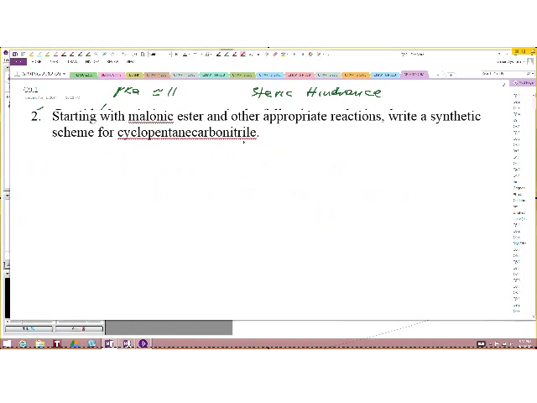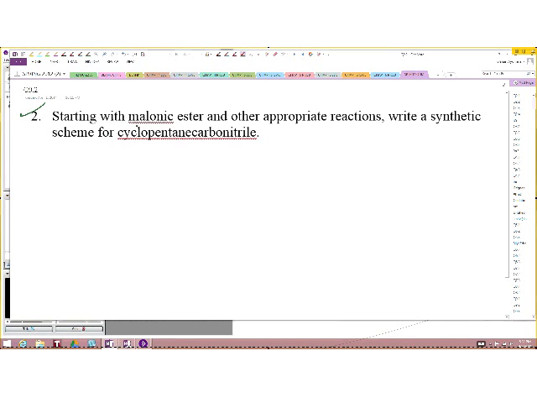Okay, so let us go to the next one. Chad, can you read this for us? Thank you. So in this case, we will need to do a synthetic design.